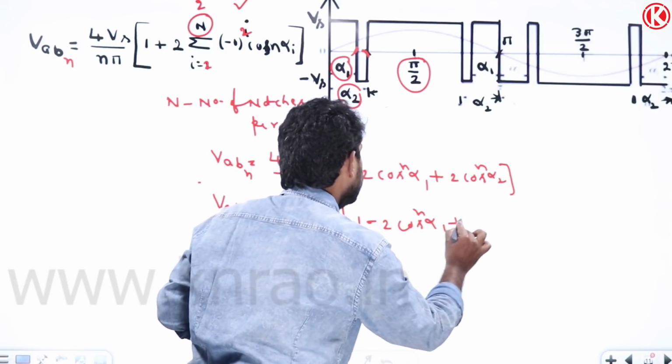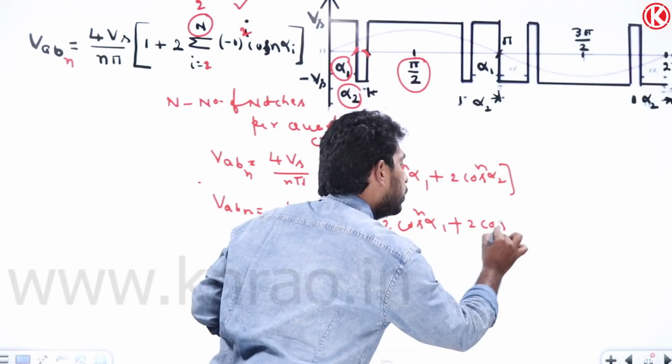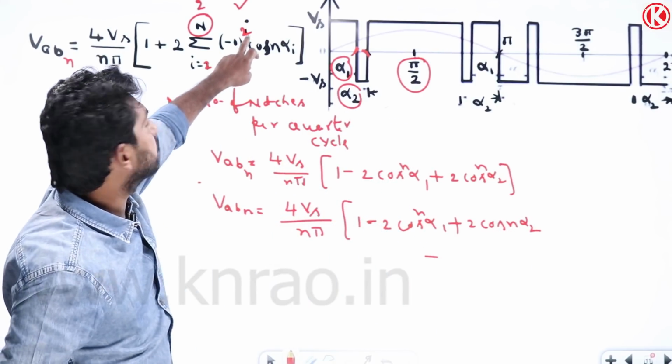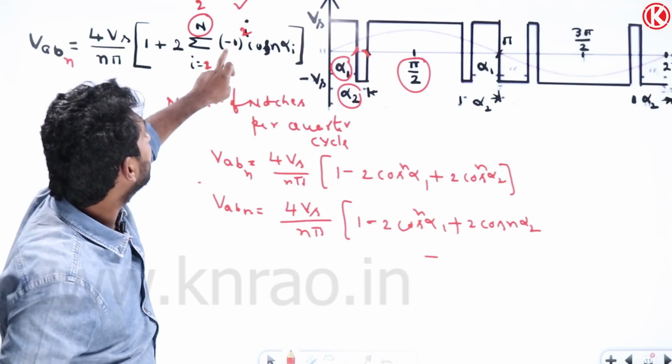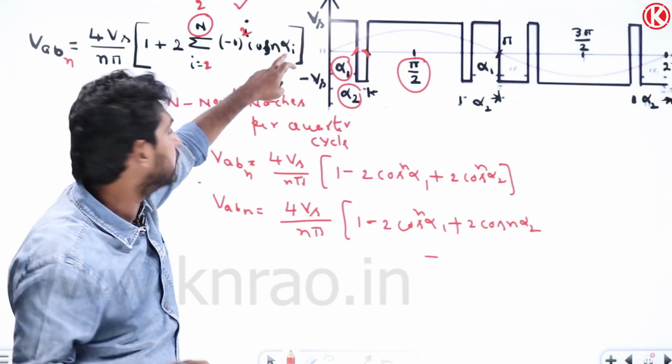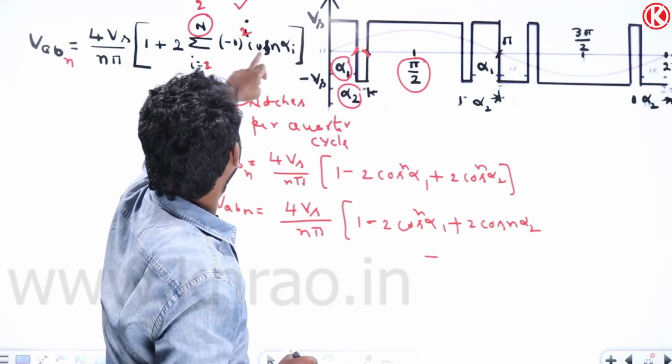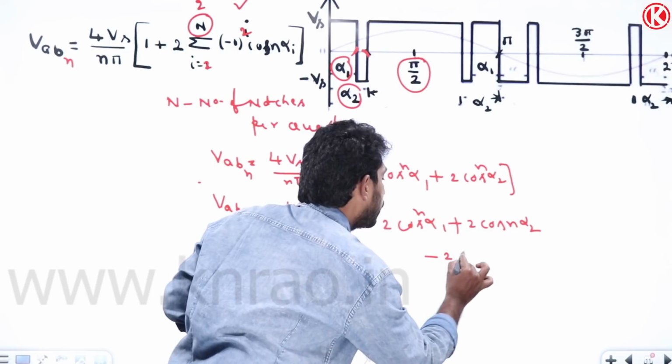So here also n is there: 2 cos n alpha 2. So minus, if I substitute i equal to 3, what happens? Minus 1 power 3 equals minus 1. So it will be minus 2 cos n alpha 3.